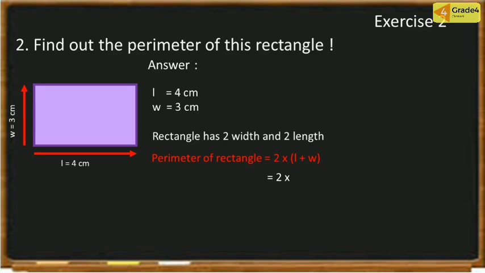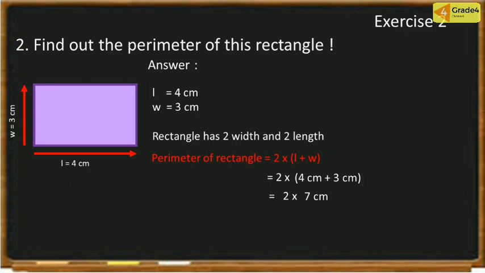We can write 2 times in the bracket 4 centimeters plus 3 centimeters. We can calculate in the bracket at the first. We can calculate 4 plus 3. The answer is, yes, 7 centimeters.